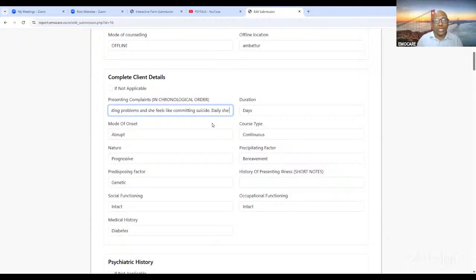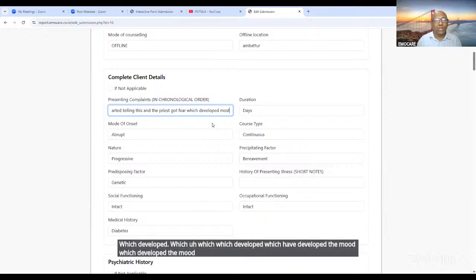Daily she started telling this, and the priest got fear, which developed more.